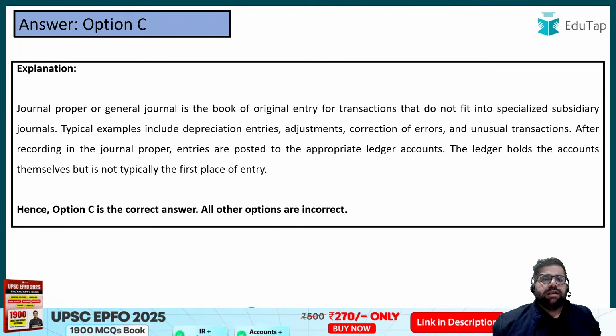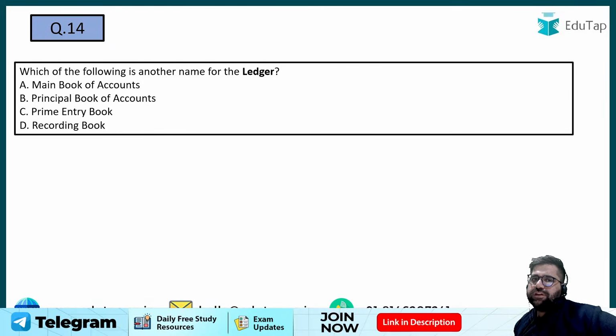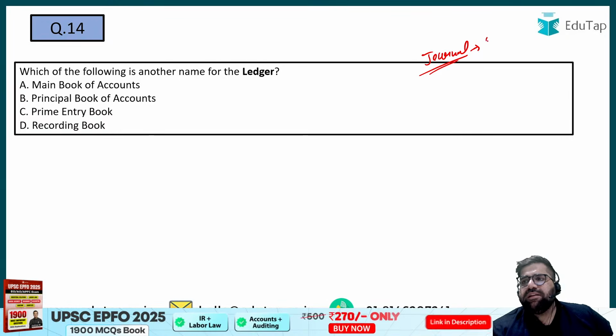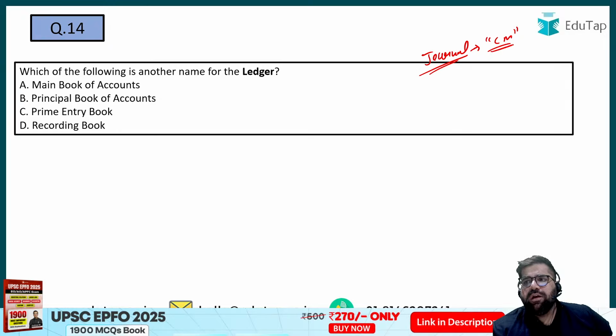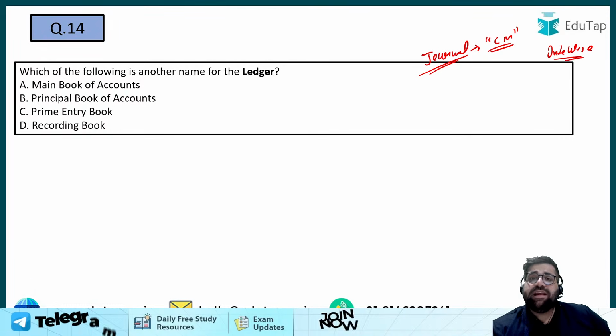Good. Now, next question, 14th. A very basic question. Which of the following is the other name of ledger? So first you record the entries in journal. In journal, we record the entries in chronological manner. I hope you know it. Chronological manner means that you will be recording the transactions date wise. A very organized thing, right?